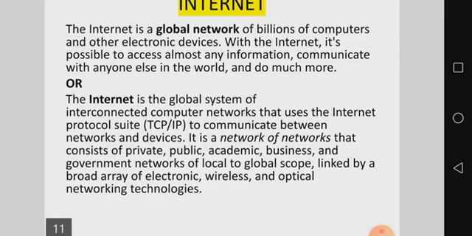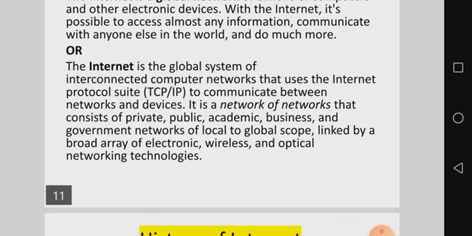There are many computer networks connected that use TCP/IP to communicate between networks and devices. It is a network of networks that consist of private, public, academic, business, and government networks of local to global scope, linked by a broad array of electronic, wireless, and optical networking technologies. So there are many technologies used for transferring data and connecting devices.